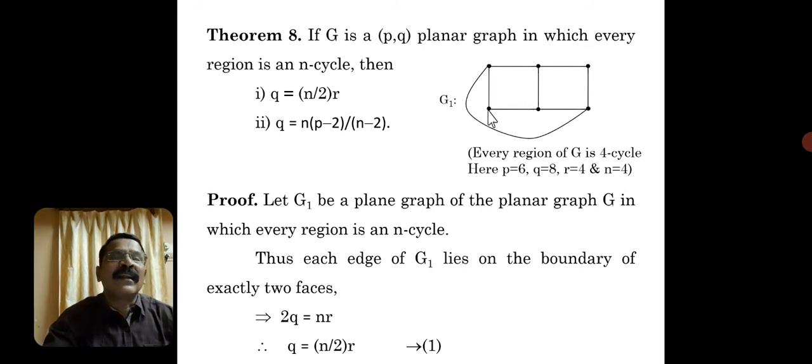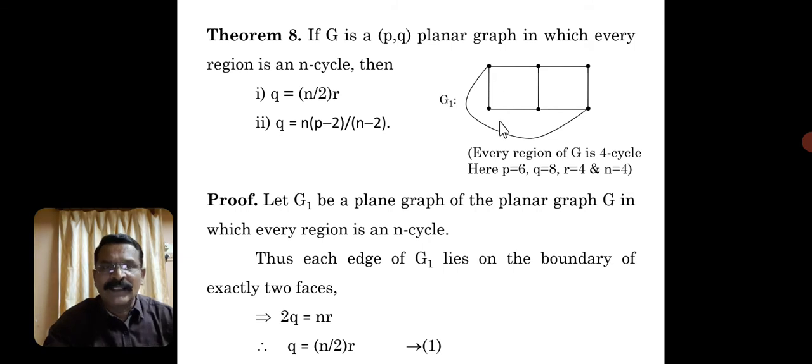So this is a planar graph, in which every face is C4, a cycle of length 4. See, this is one region which is of length 4. This is another region which is of length 4. Like that, this is another region which is of length 4. And the exterior region if you count 1, 2, 3 and 4.